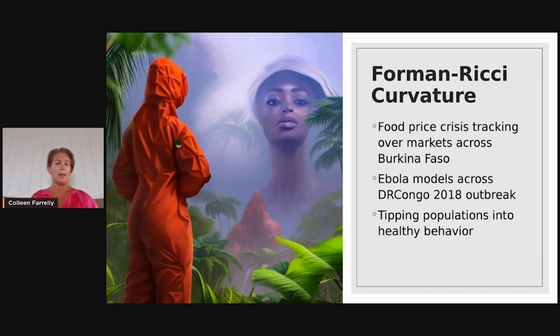Forman-Ricci curvature is another tool that I use a lot in my work. Right now, there's a huge crisis in food prices. So this is impacting a lot of communities. Middle-class populations are finding themselves being driven back into poverty with rising food prices. And there's a lot of food insecurity that has started, especially since the Ukraine conflict.